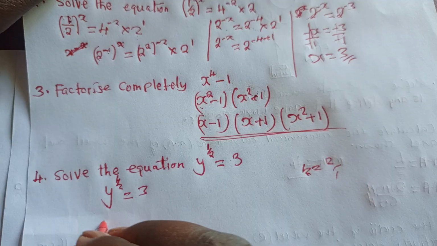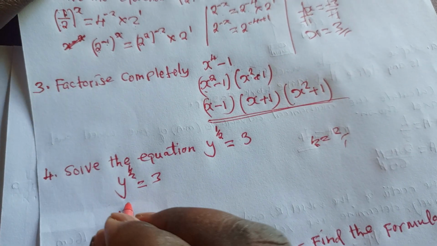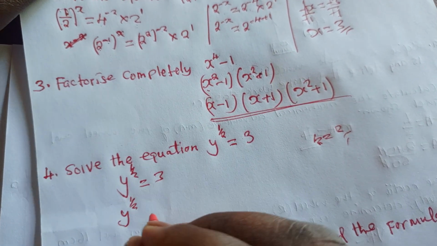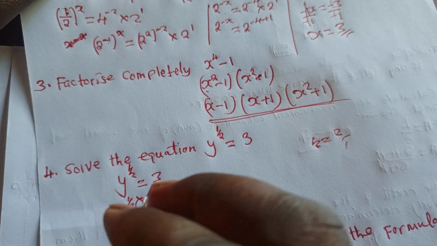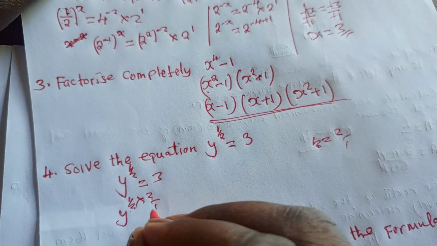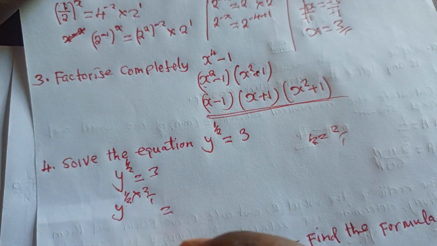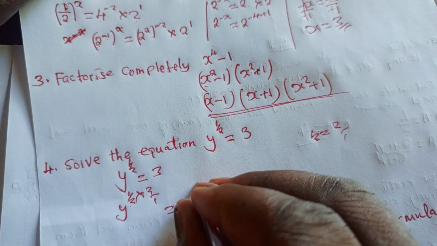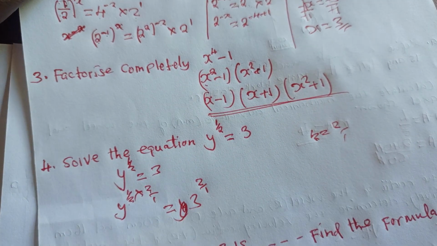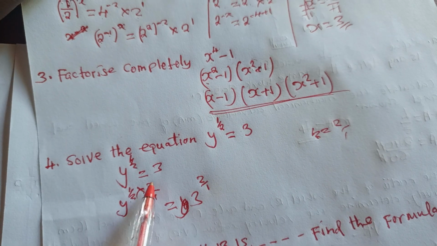So I'll say y to the power 1 over 2 times the reciprocal, 2 over 1, is equal to. Even here, I'll say 3 to the power 2 over 1, which is the same as 2, because here I've multiplied by 2 over 1.